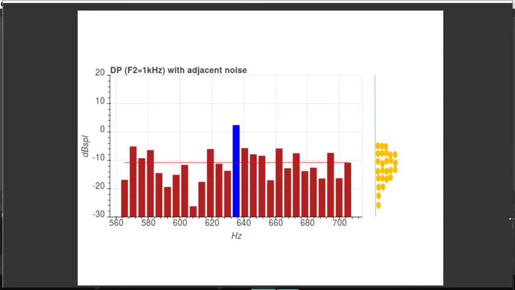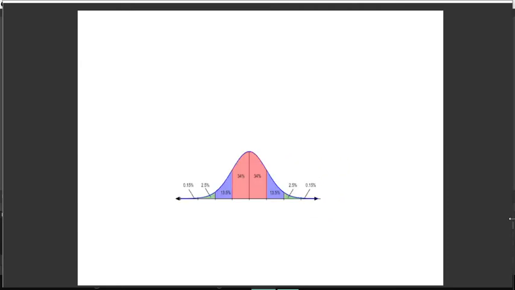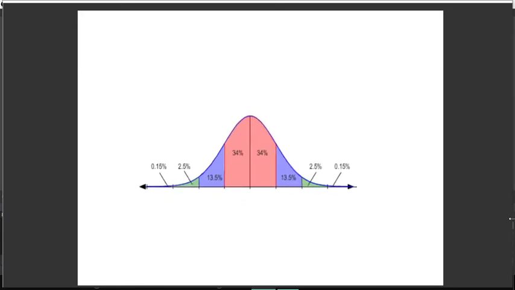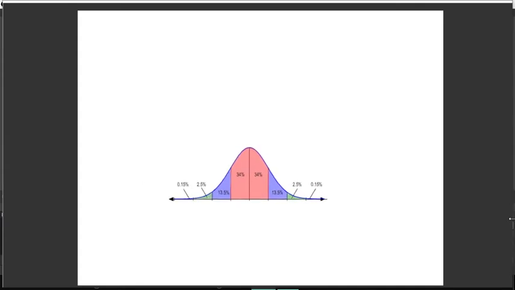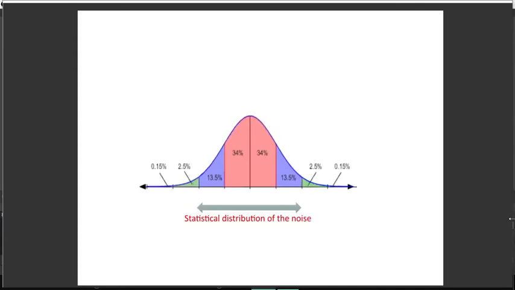That's very lucky for us, because we can statistically describe the parameters of that distribution, which is well known. The number of standard deviations away from the mean tells us what percentage chance that the noise was actually there by chance. And the same thing with the DP.